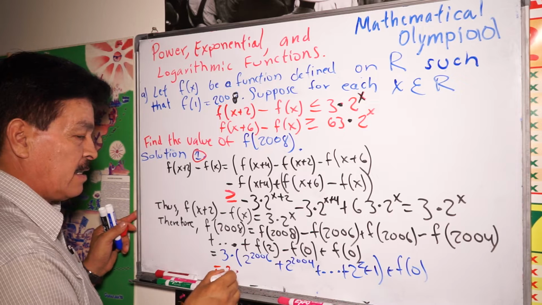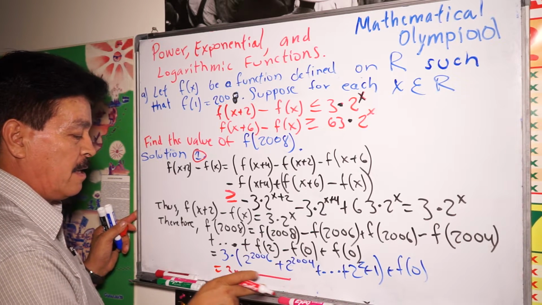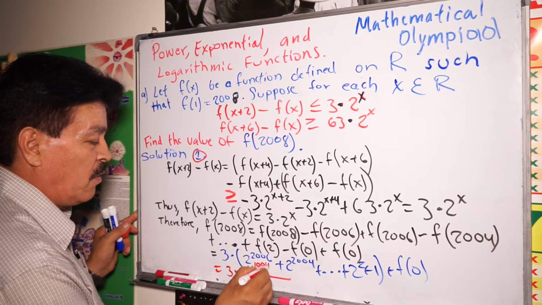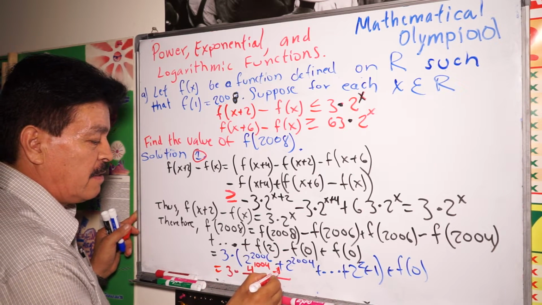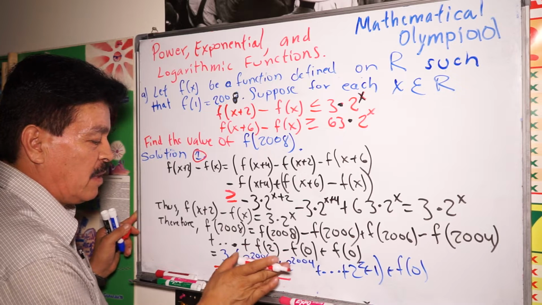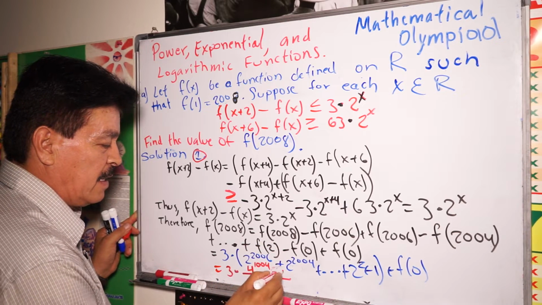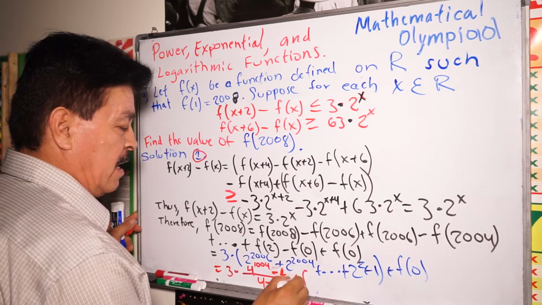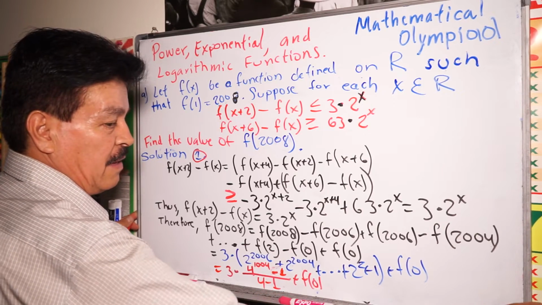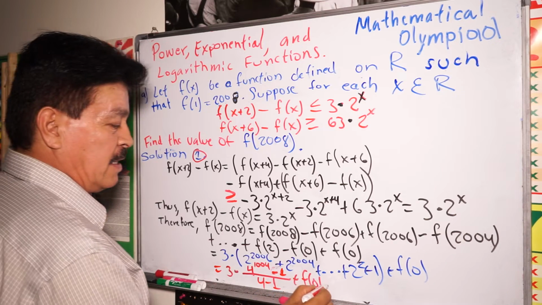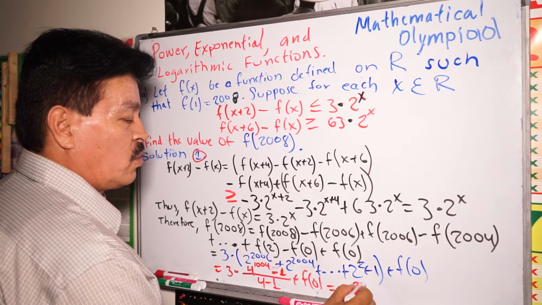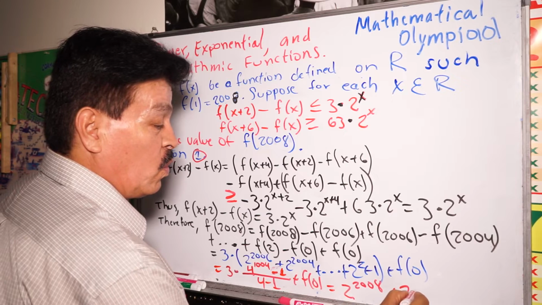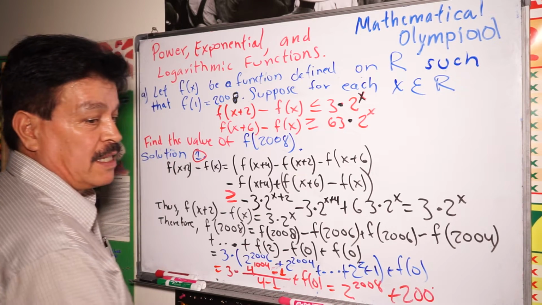Look at this: 3 times (4 to the 1004 power minus 1) over (4 minus 1), plus f(0). This equals 2 to the 2008 plus 2007.